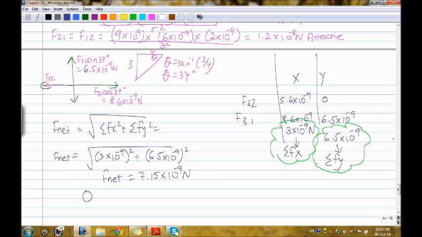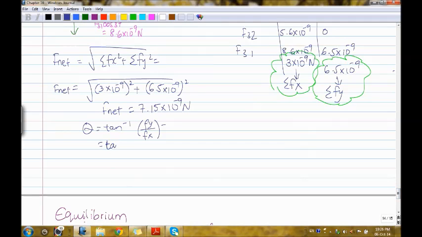And let's find the angle, which is tan inverse Fy over Fx. So tan would be 6.5 times, which is this here, times 10 to the power of negative 9 over here.